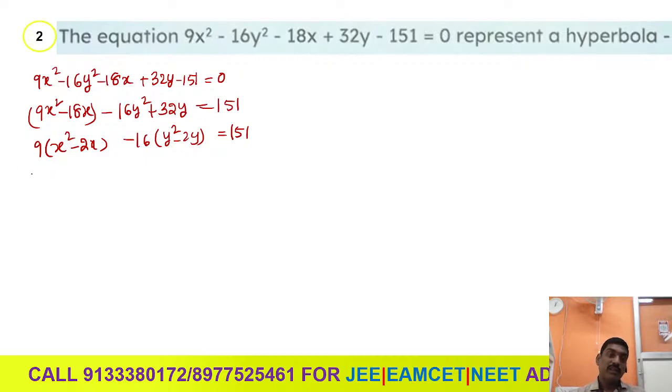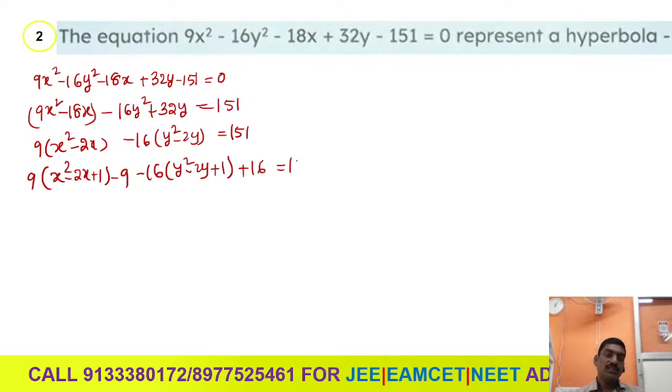So from this, what we are getting: 9 times (x square minus 2x plus 1, and minus 1 is nothing but) minus 9, minus 16 of (y square minus 2y plus 1, minus 1 is nothing but) plus 16, which is equal to 151. So 9 of (x minus 1) whole square minus 16 of (y minus 1) whole square equal to 151 minus 7.